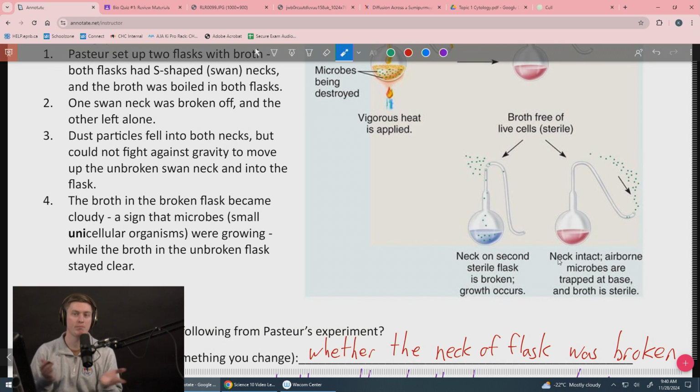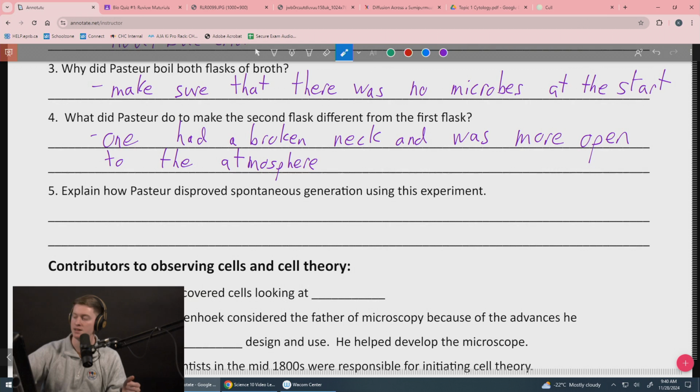Where did they come from? Maybe they just came from the broth. But this experiment proves that the microbes didn't just come from the broth, because this flask here didn't grow any microbes. This flask here did grow microbes. So it showed that microbes must have come from the environment, not spontaneously generated from the broth.